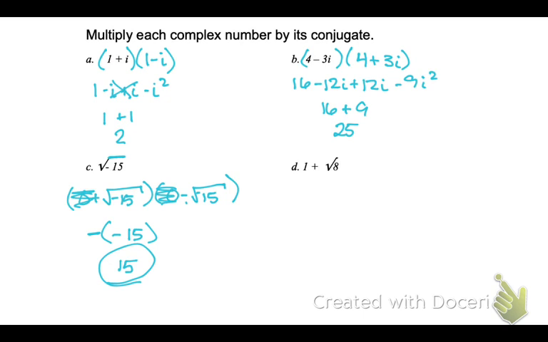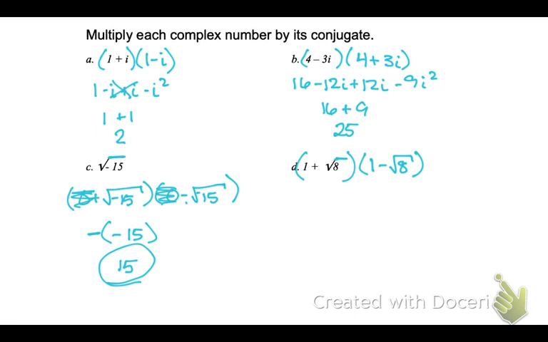Okay? So you can tell me what D is? So I have 1 plus the square root of 8. What's the conjugate? 1 minus the square root of 8. So the whole point of this is when I'm done to have no square roots, correct?